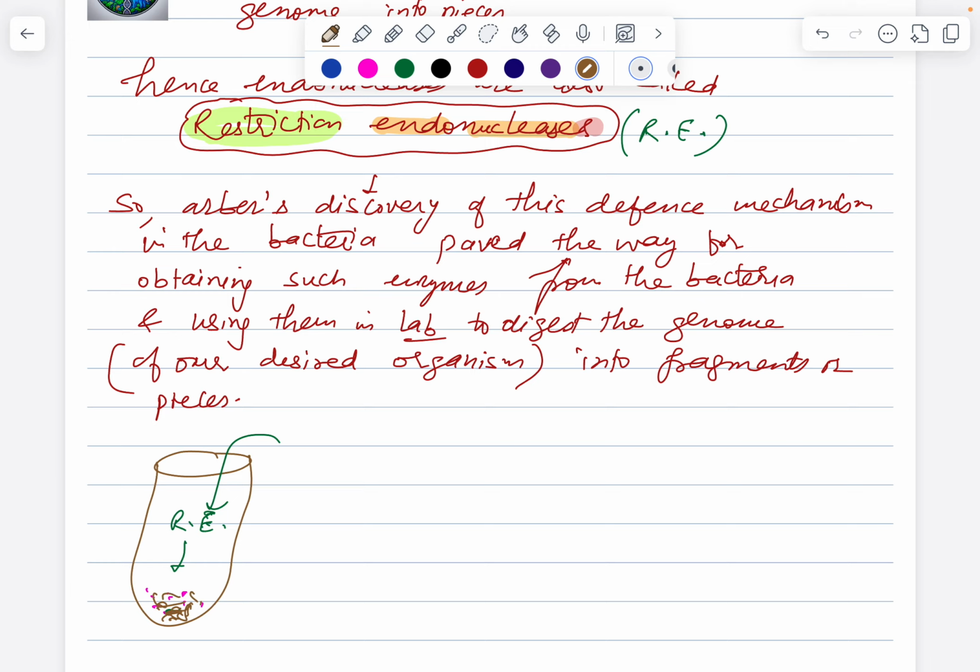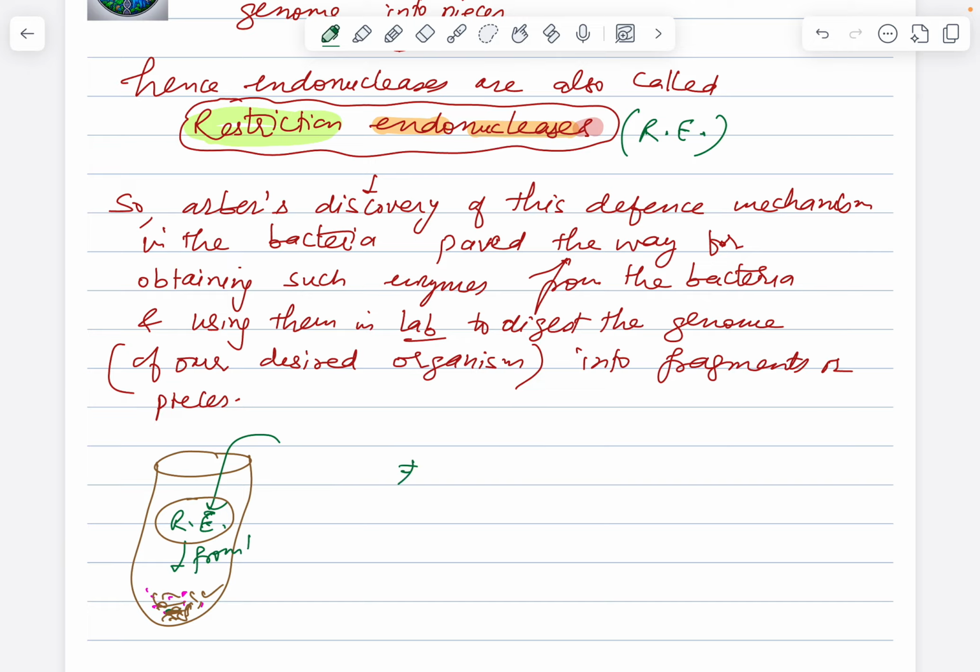Palindromic sites, and then cut a phosphodiester bond inside those palindromic recognition sites, producing what? Fragments. Fragments of this genome, and that is what we wanted. Okay. So where are these restriction endonucleases obtained from? Bacteria. Clear? So Arber's work paved the way for obtaining these enzymes from the bacteria.